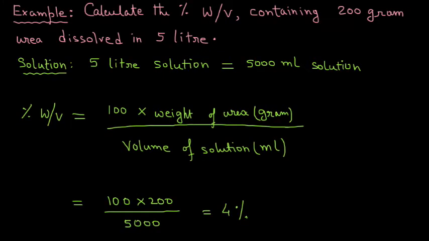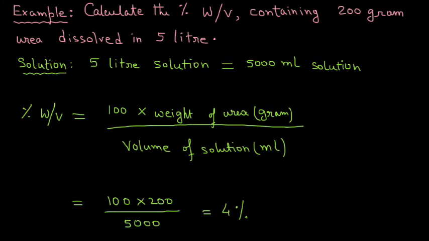Let us see one more example to get more clear concepts. Calculate the percentage W by V containing 200 gram urea dissolved in 5 liter. It is given that 5 liter solution is equal to 5000 ml solution.